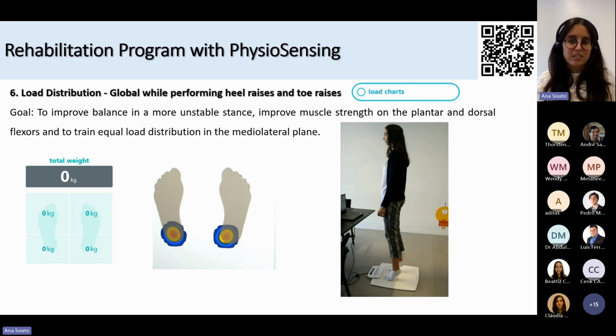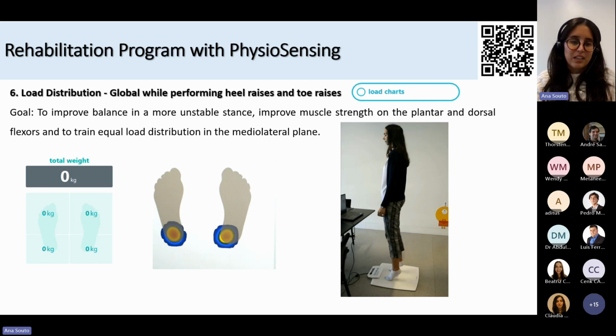Okay, so this is the exercise. My colleague was performing the exercise for us. This is a good exercise for balance and muscle strength of the plantar flexors and the dorsiflexors. So we do this a lot with patients with fall risk.